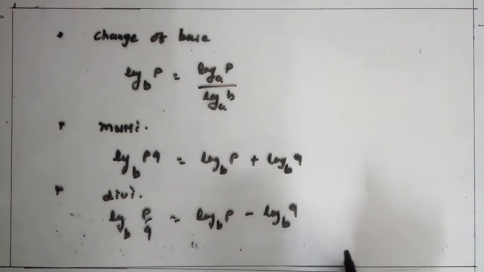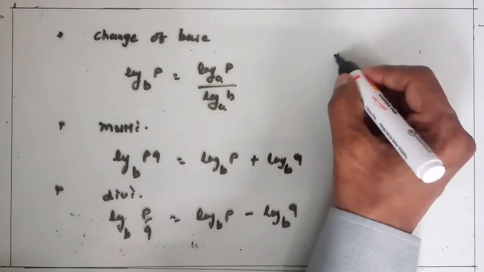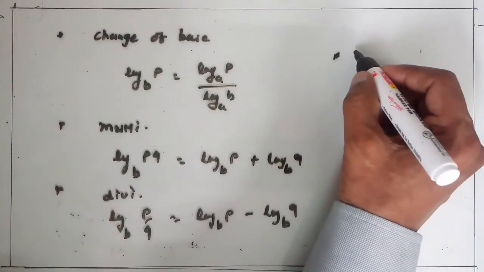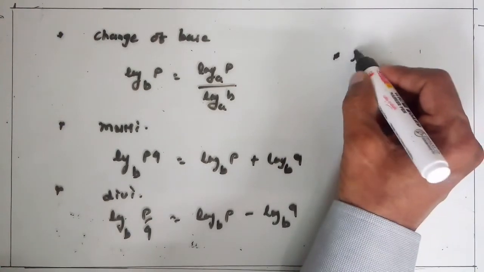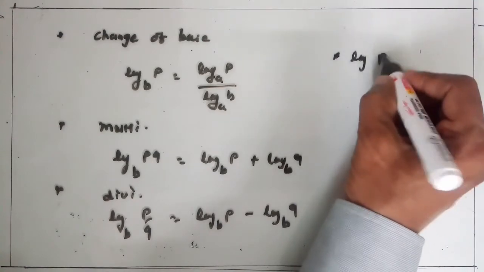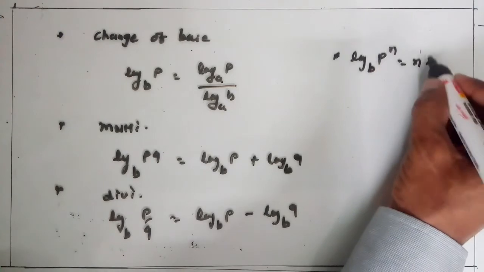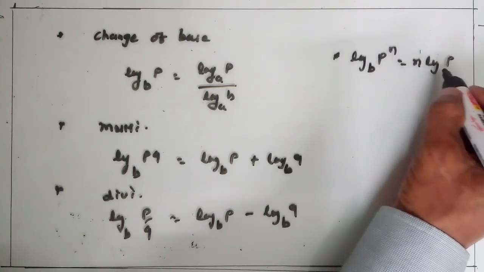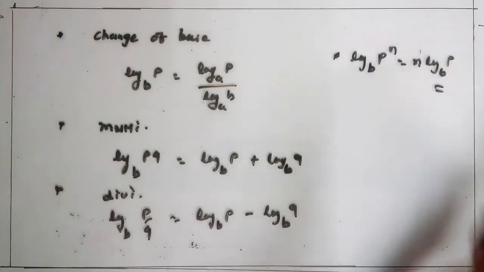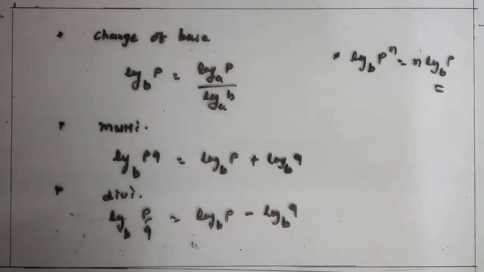Clear this? And the power law: log of p^n base b is equal to n log p base b. Clear? So remember all these laws of the logarithm function, the working rules of the logarithm function.